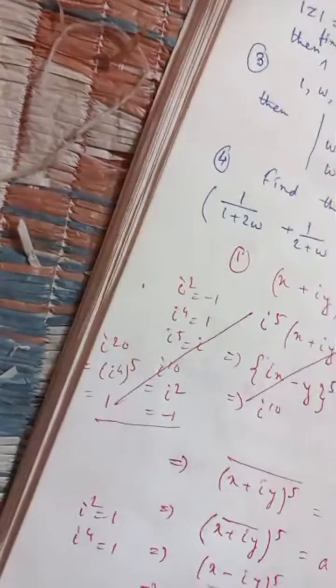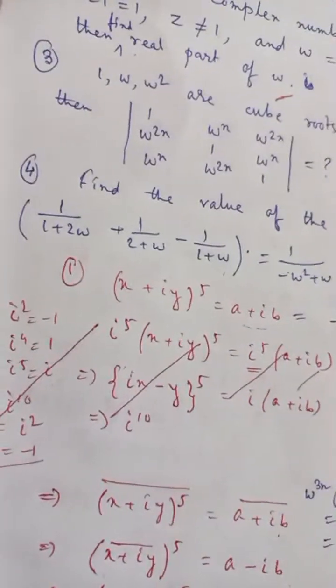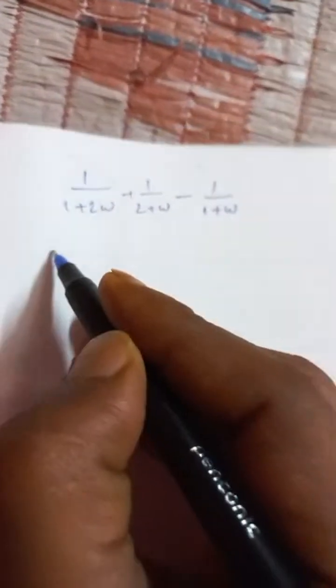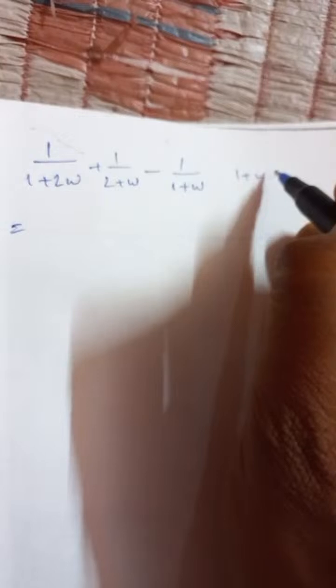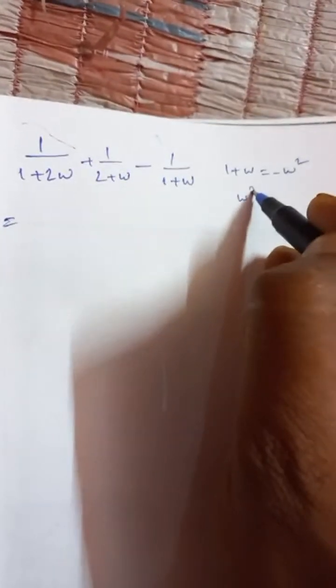We are given that we just have to find out the value of this expression. So let's see how we can calculate this. We are given that 1 plus omega is equal to minus omega square, and omega cube is equal to 1.